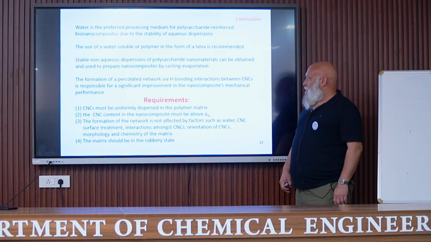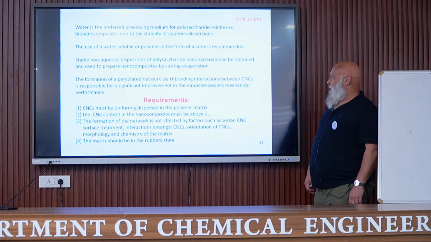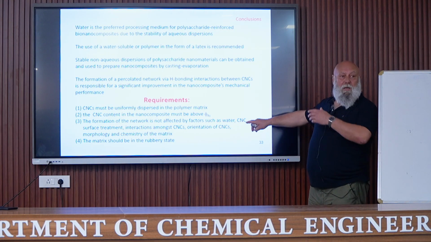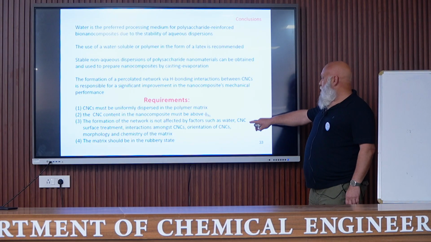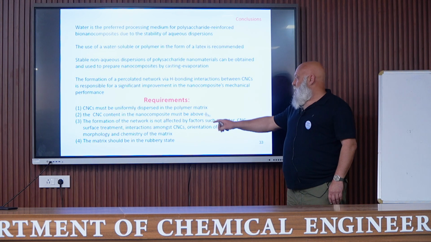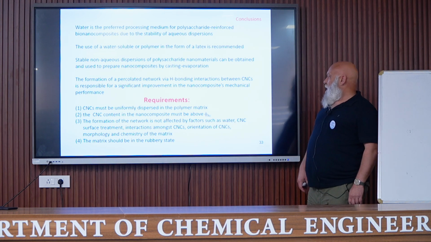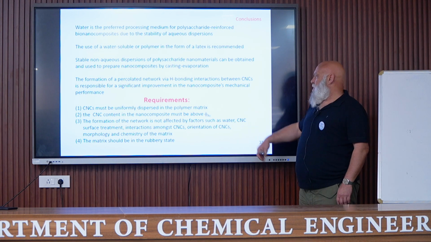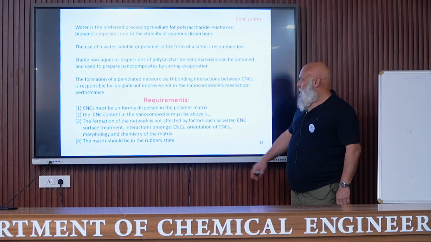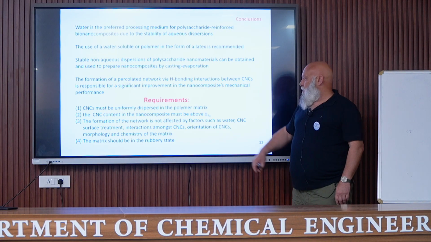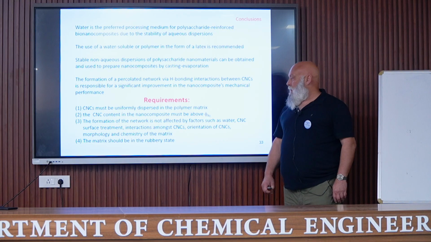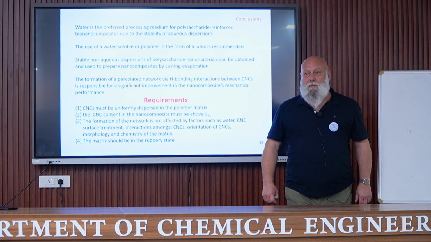The formation of the network is not affected by factors such as water, which is the case for the sea cucumber, you remember, CNC surface treatment, interaction among the nanocrystals, and also, I didn't discuss this, but orientation of the nanocrystals, we will discuss this later, and morphology and chemistry of the matrix. And the matrix should be in the rubbery state.